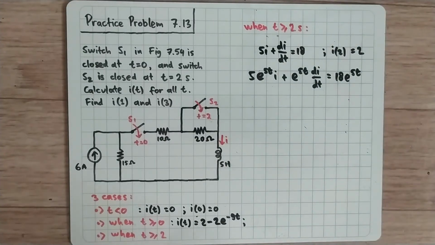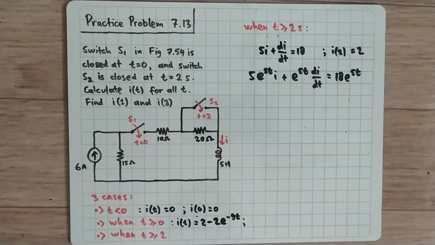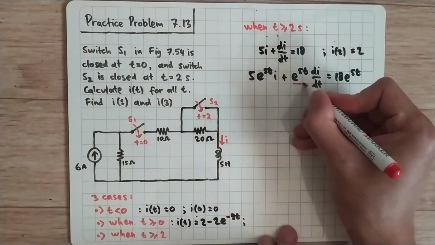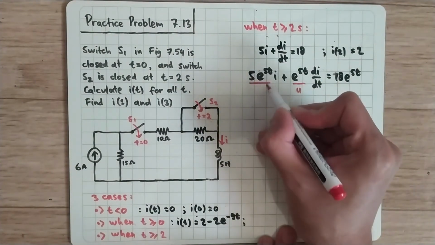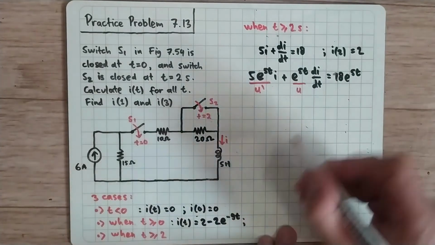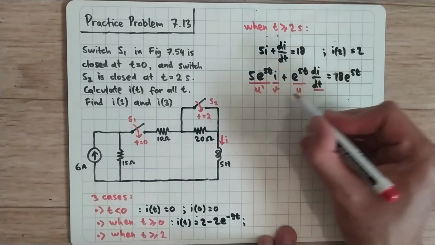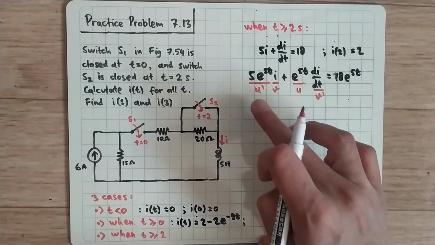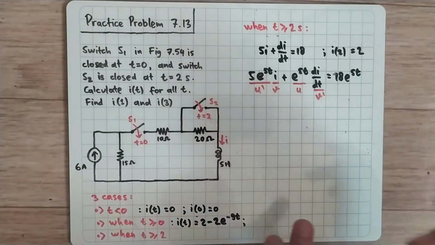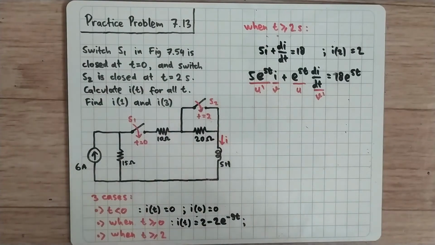Okay, and let's see on the right hand side, if we name this u, this is the derivative of u, right? So this is u prime. And if this is v, this is the derivative of v, right? So this is v prime. So remember that u prime v plus u v prime is the formula for the derivative of a product of functions.